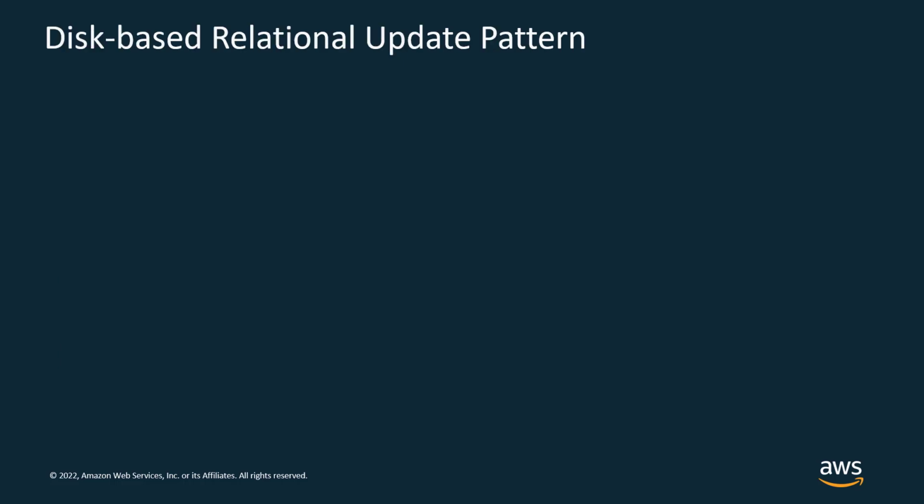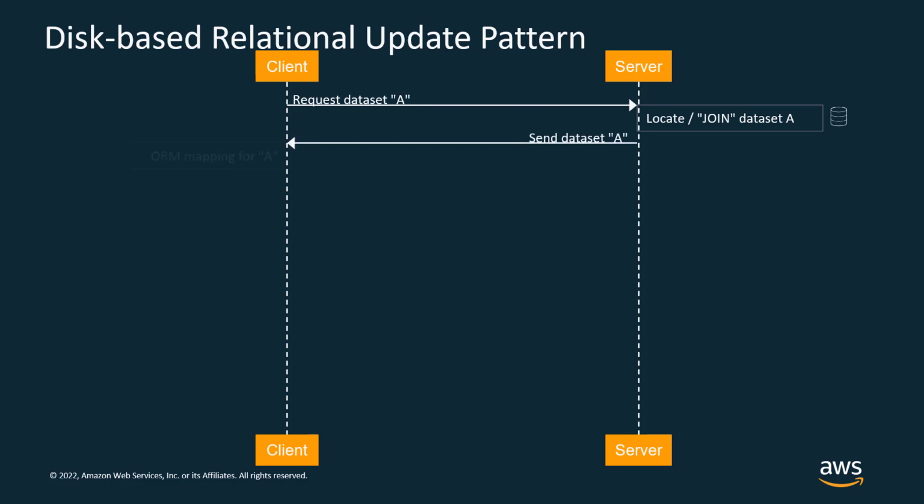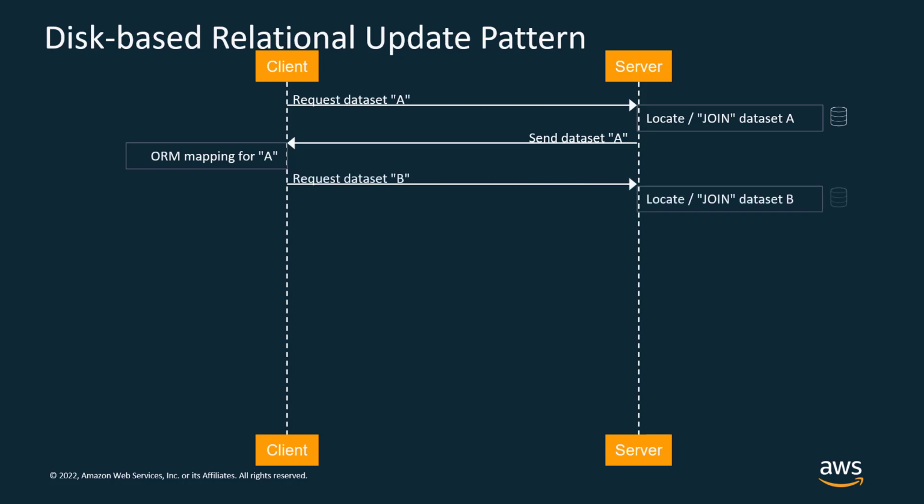Let's take a look at how data flows between client and server within relational databases. Imagine you have two data sets and you're frequently moving elements from one data set to another. How is the flow in a classic relational database approach? First, we need to fetch the data from the database.